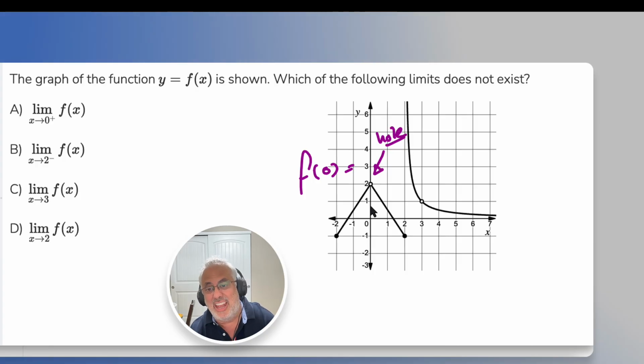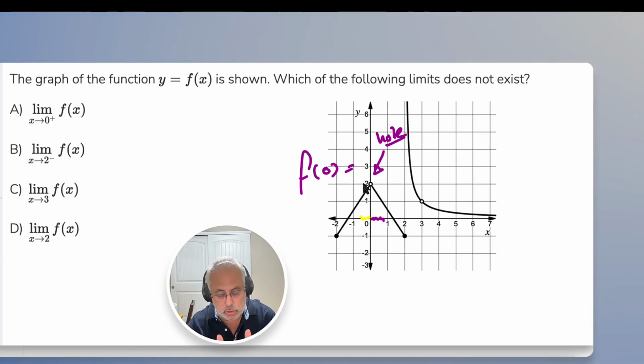So we talk about the neighbors, your right side neighbor and your left side neighbor. Your right side neighbor in the approximation idea is over here. All the f of x values are very close to number 2 from the right. And from the left, they are very close to number 2.